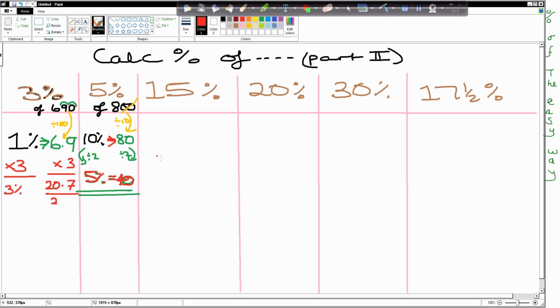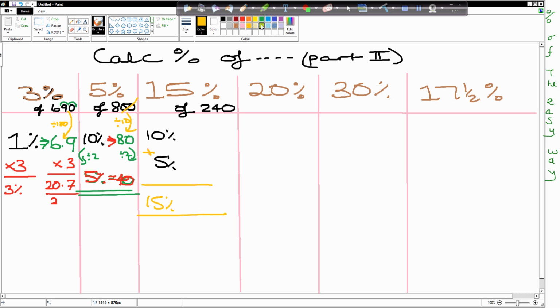Okay? Now, if you want to work out, say, for example, 15% of 360... 240. What do we do first? First of all, we work out 10%, then we work out 5%, and then what do we do to both of those? Add them together. So now we are adjusting our method to make it make sense. 10% and 5% is 15%.